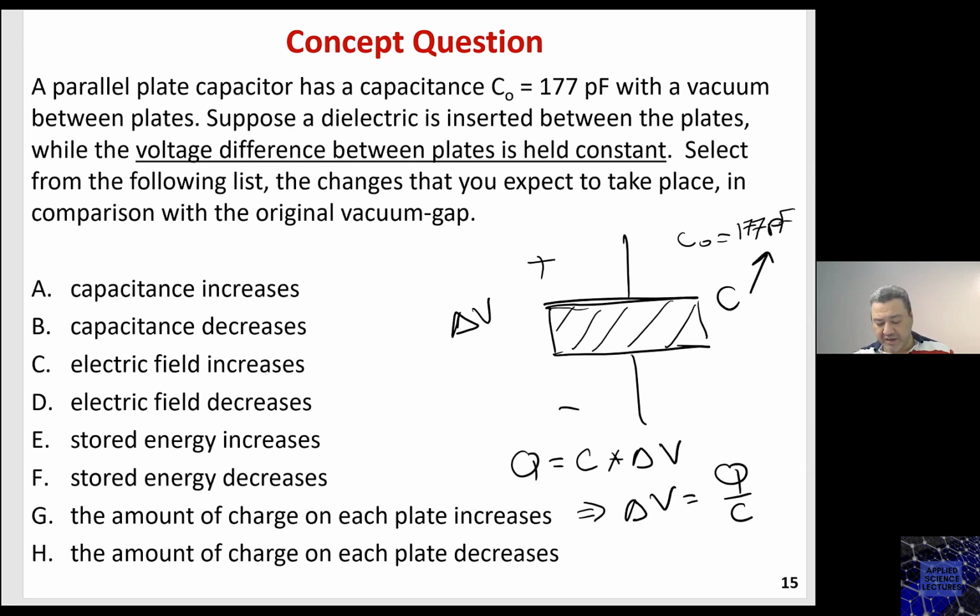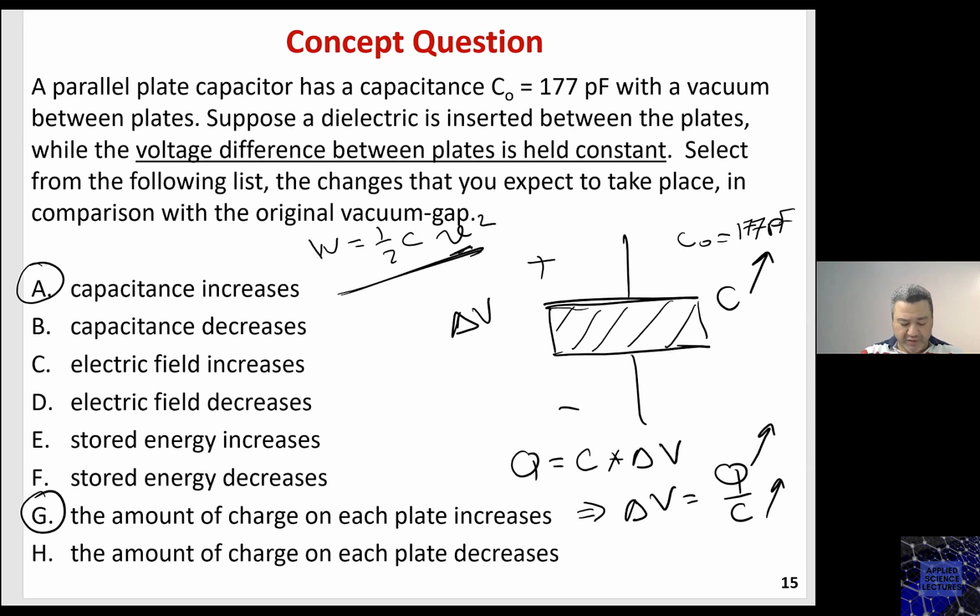If the capacitance increases, then definitely charges will increase, right? So I know that the capacitance increases. I know that the charges on each plate will increase as well. Now, half CV squared is the energy stored in the capacitor. So if V is constant and C increases, then definitely the energy will increase.